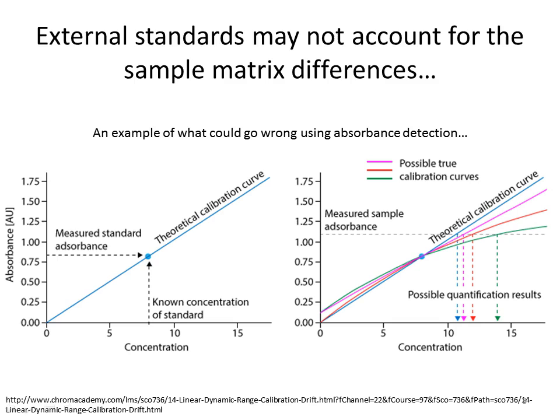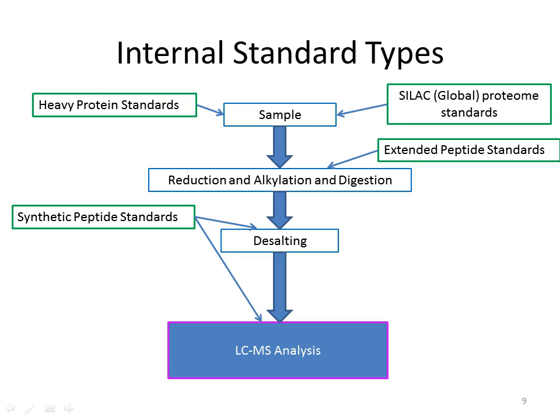And so if you were to try to plot your data based on a theoretical calibration curve, that's fine, but if the actual response isn't linear, then you're not precisely and accurately calculating the amount of sample that you have, right? So these are just little issues that can happen with external curves or external standards.